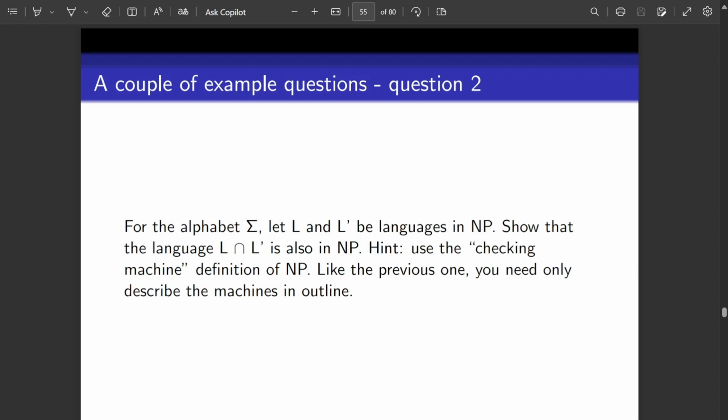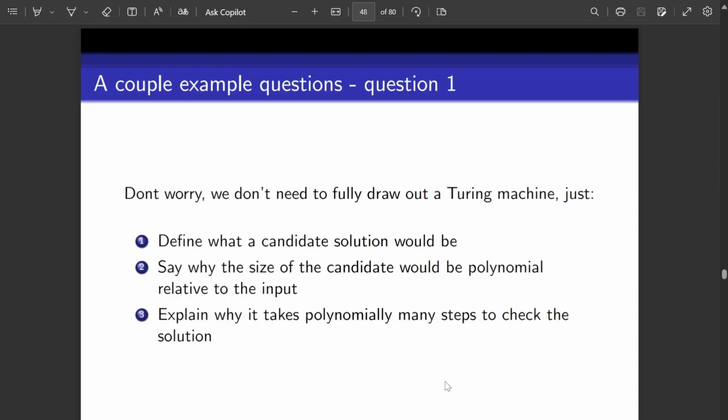And then the second step was to say why the size of the candidate would be polynomial relative to the input. In this case, the size of the input is the two languages. So let's say that's n, the size of the solution that we're checking is going to be either equal to n if both of them are the same language, or less than that, because it's an intersection.